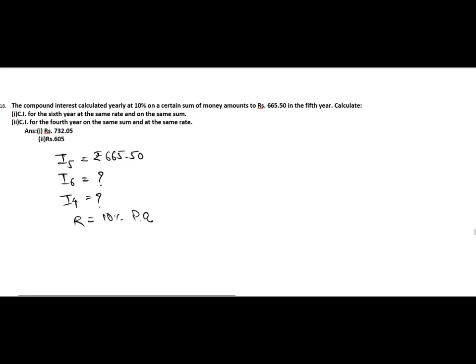Now see how to do this. I've just told you some important points regarding the relationship between compound interest of consecutive years. So what are the compound interests of the consecutive years? How are they related? I just told you.